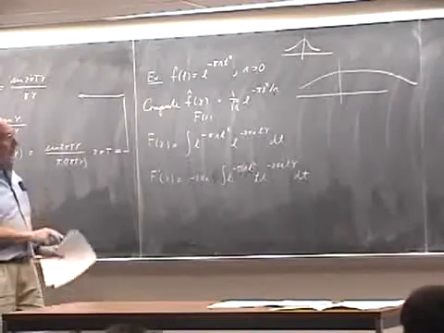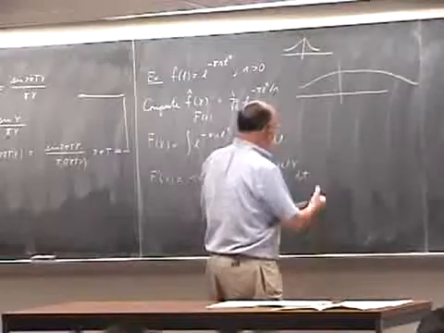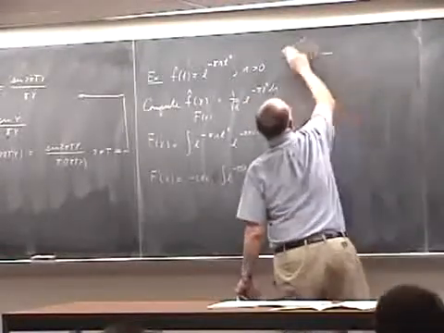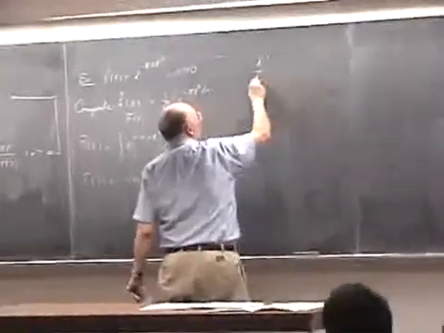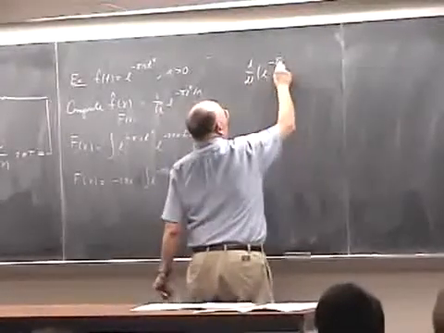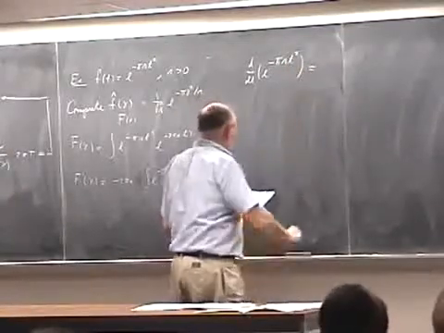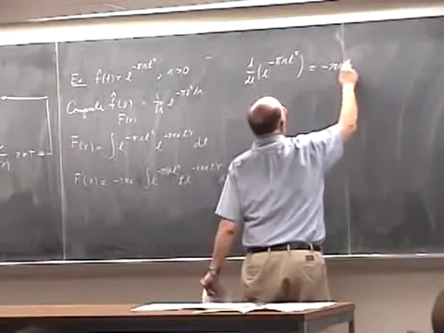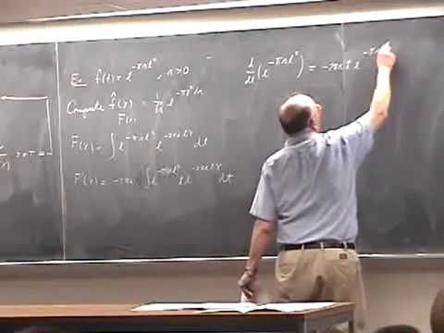And so now let's look at what the derivative of e to the minus pi r t squared is. Well, d/dt of e to the minus pi r t squared is equal to minus 2 pi r t e to the minus pi r t squared.